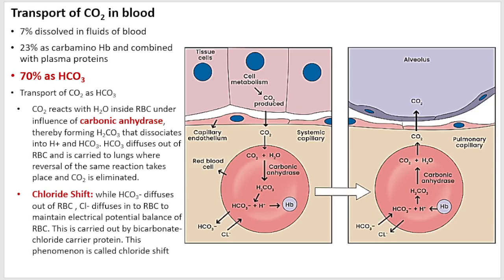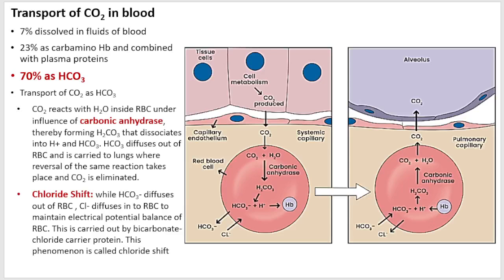About 7% is dissolved directly in plasma, 23% bound to hemoglobin forming carbaminohemoglobin, and the majority, around 70%, is carried as bicarbonate ions. At the tissue level, carbon dioxide diffuses from cells into RBCs, where the enzyme carbonic anhydrase catalyzes the reaction of carbon dioxide and water, which gets converted to H2CO3, which dissociates into hydrogen and bicarbonate ions due to the slightly more acidic pH of RBCs than the blood.